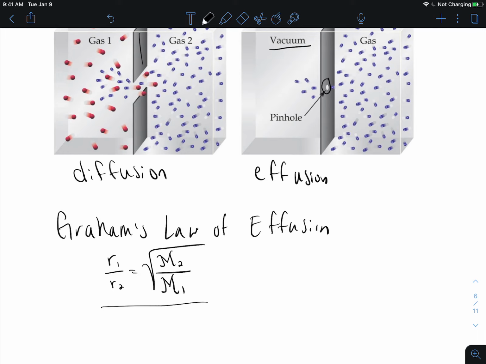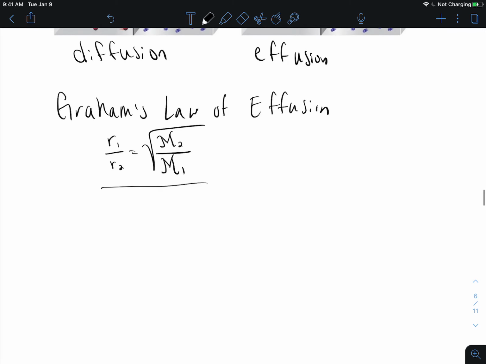Okay, last thing I want to talk about is diffusion and our mean free path.